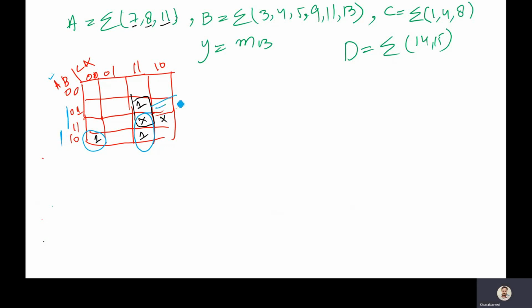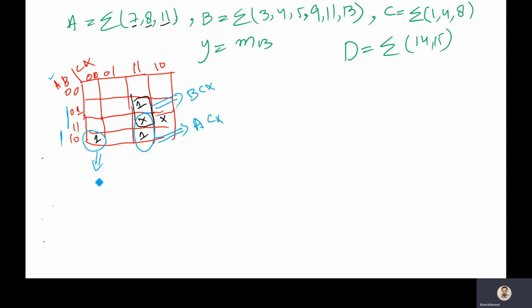So from this particular pair, we will get, in fact not A, is what we have lost, so B, C, X, and from here we will get A, C, X, and from here it will remain the same.